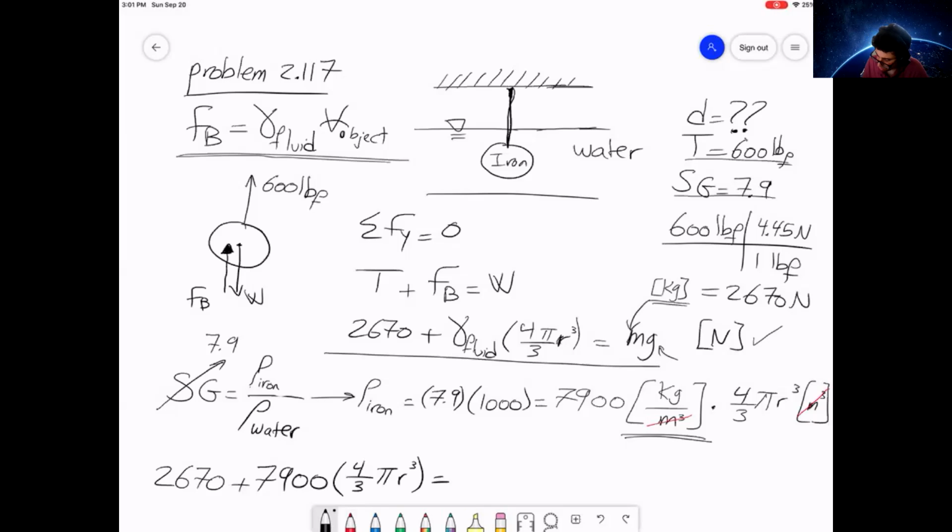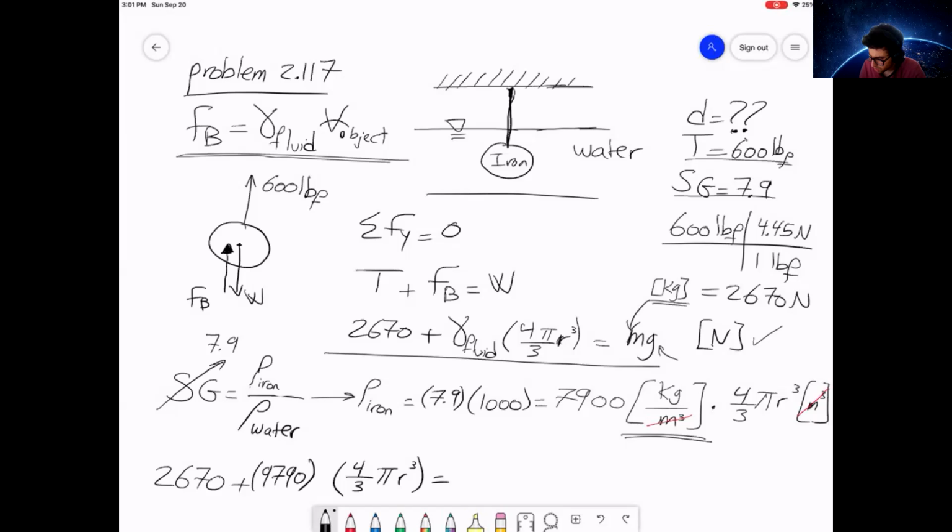No, this is wrong right here. It's the specific weight of the fluid, not the density of iron. So what's the specific weight of water? It's basically 9,790. That specific weight times volume is equal to mass times gravity, and that's how we found mass.